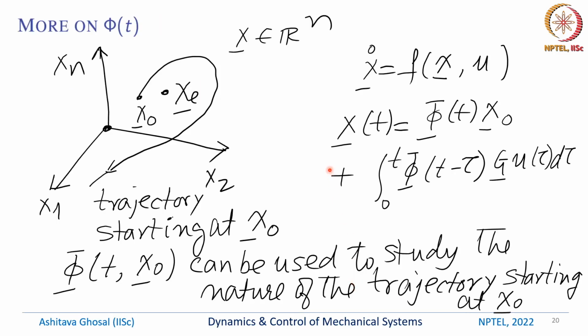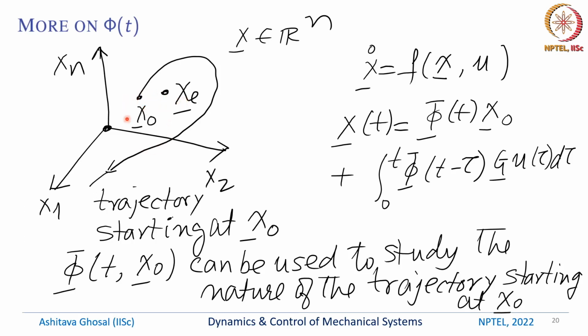So what can we do once we have this state transition matrix? Our state space is x1, x2 all the way till xn. It's n dimensional, so x is an element of R^n. We took the nonlinear differential equations and linearized them about an equilibrium point.